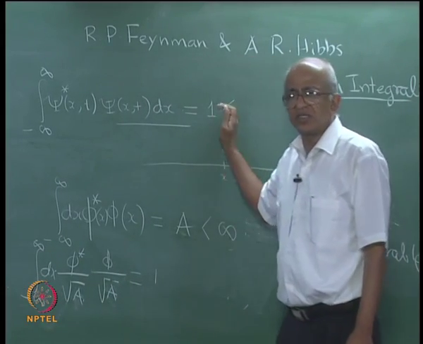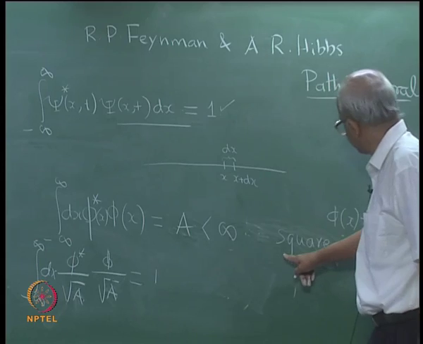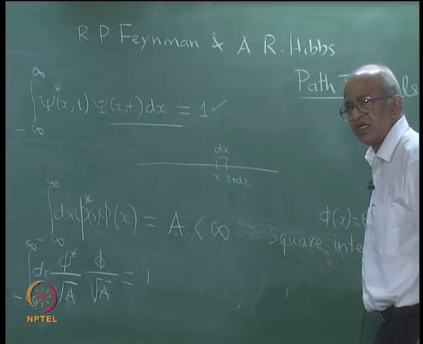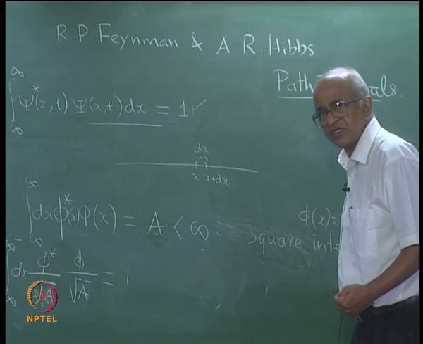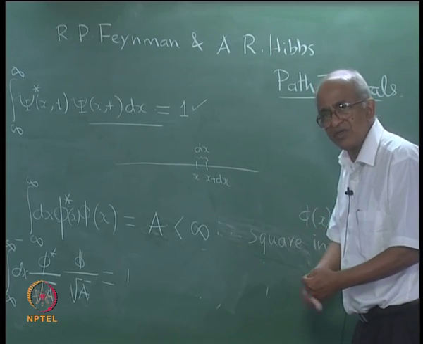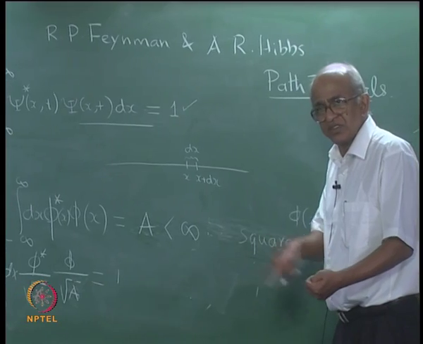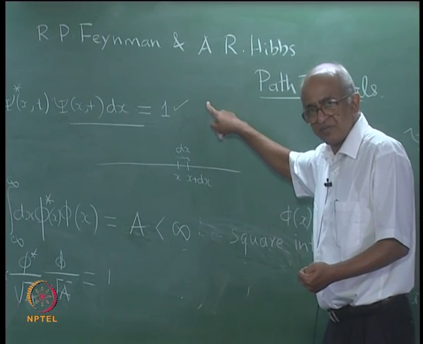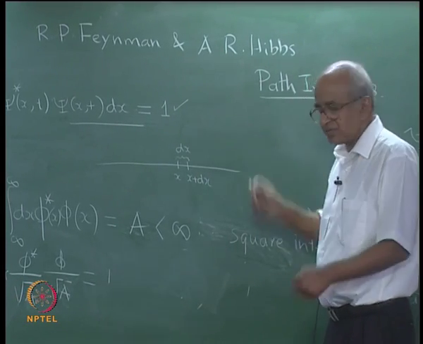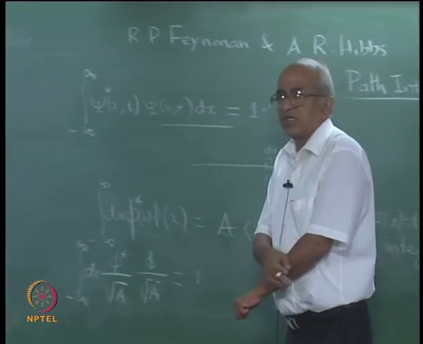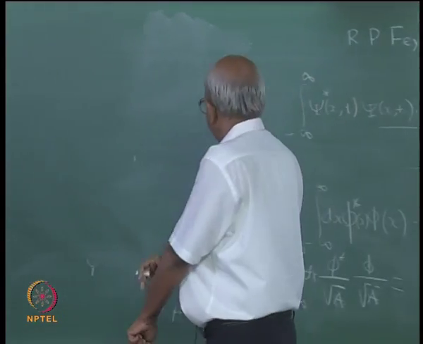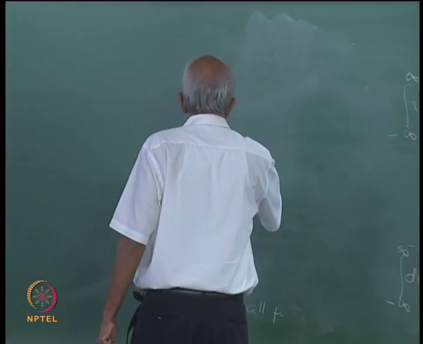It is enough if I impose the condition that the function is square integrable, because as long as the function is square integrable, I can carry out the process of normalization and get a wave function which is satisfying that condition. Okay. So, that is one result, and another result that I would like to speak about is the following.